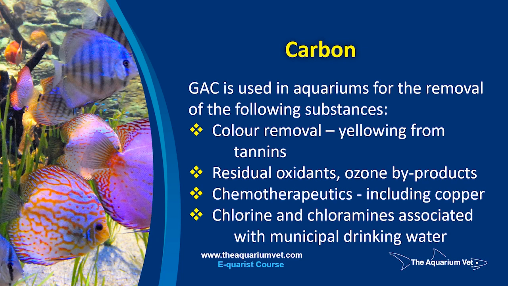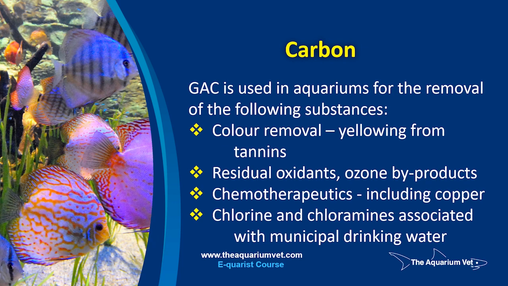So if there's any ozone byproducts or any chlorine, got to be obviously not very high levels, because otherwise you're going to kill all the fish. But carbon is very, very good at removing those. Very good at removing any chemotherapeutic.